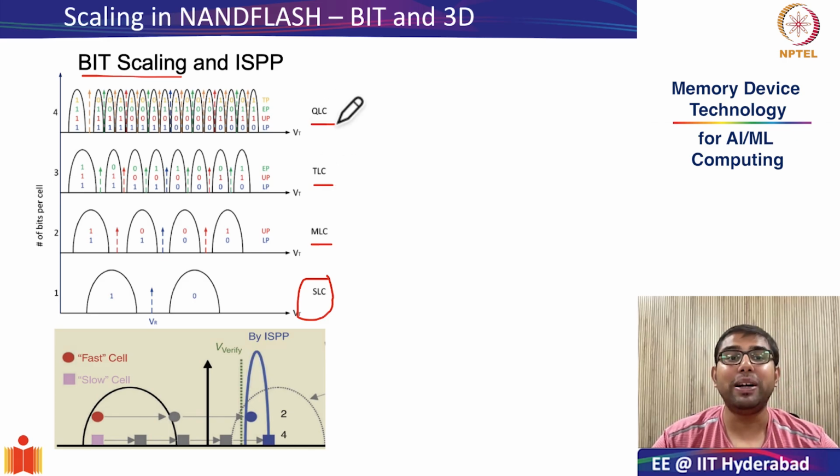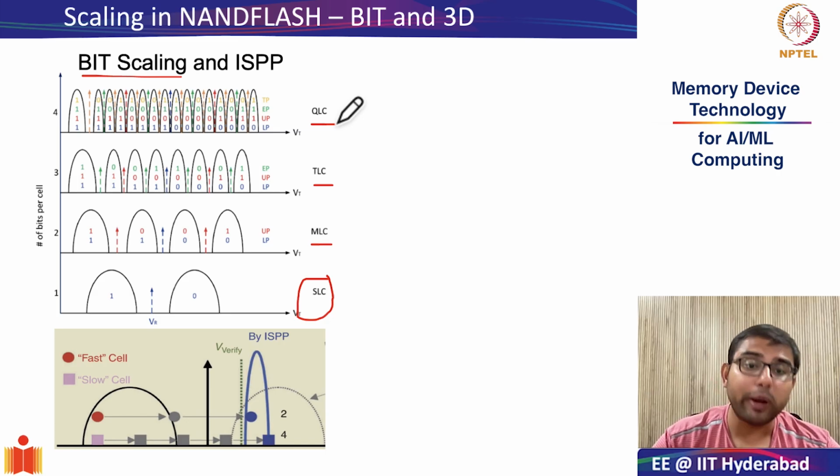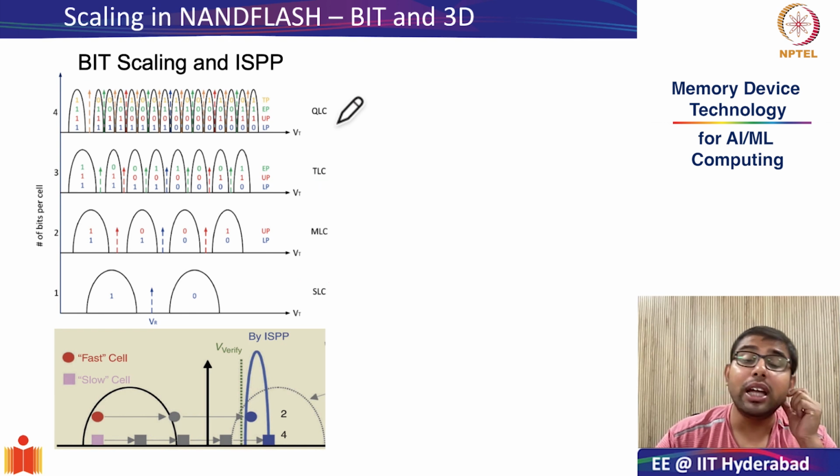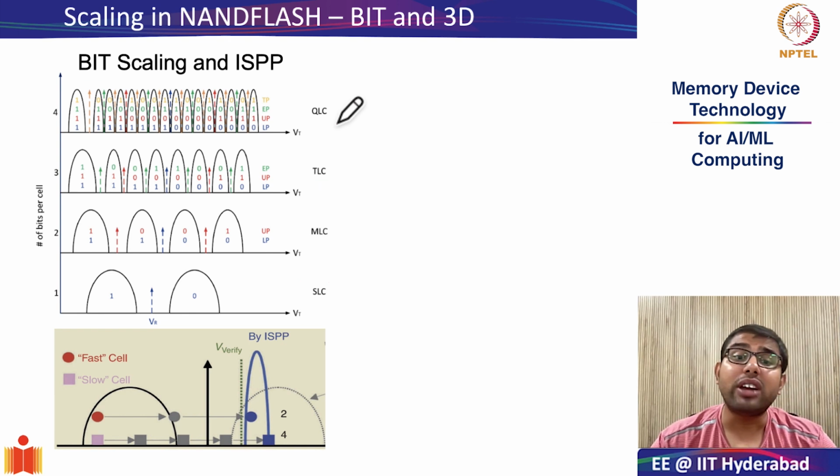But all this bit scaling doesn't come for free. There is an added component of both complexity and latency. Latency for QLC can be as large as 2 milliseconds per page, whereas SLC can be programmed at roughly 10 to 100 microseconds per page.